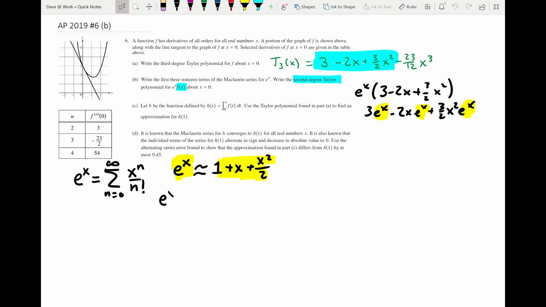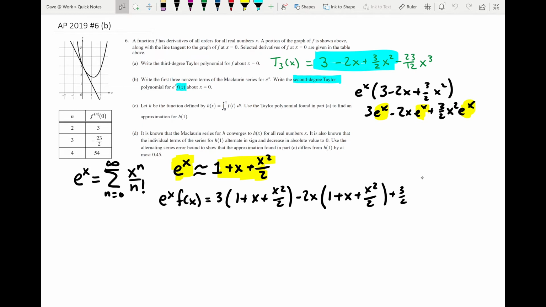To approximate e to the x, f of x, we're going to say that that is 3 times 1 plus x squared over 2, minus 2x of 1 plus x squared over 2, plus 3 halves of x squared times 1 plus x squared over 2.